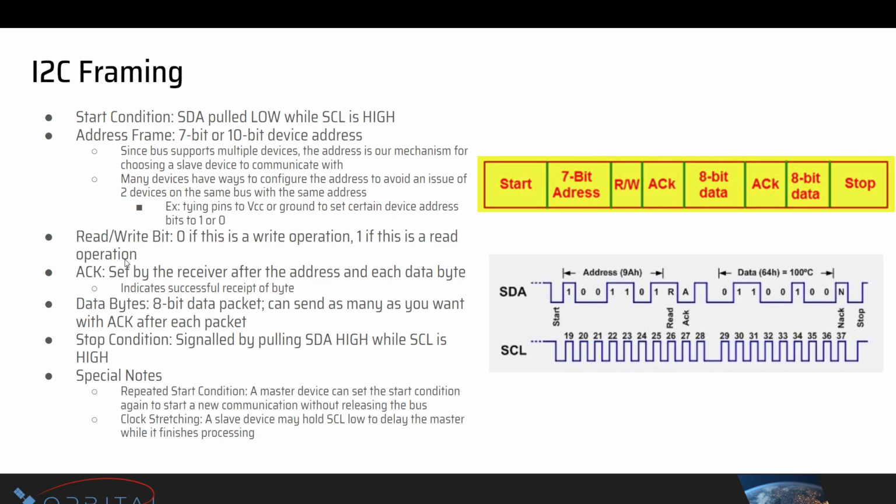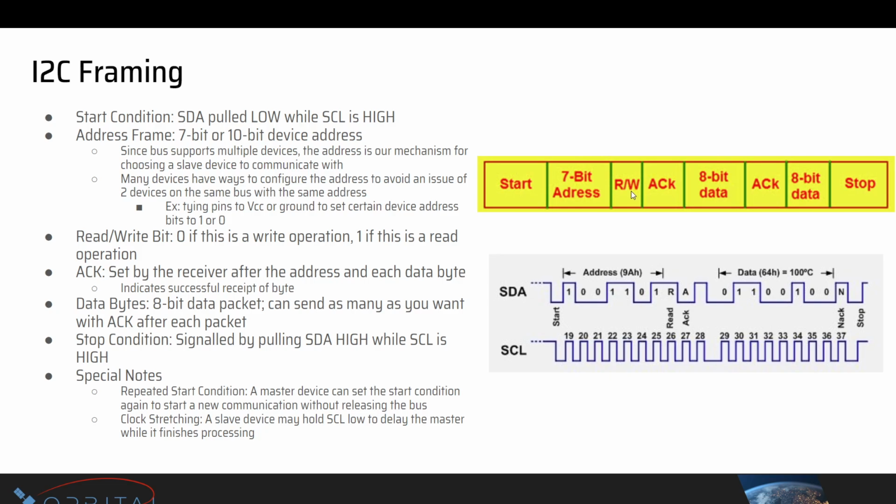And after the address, you have the read/write bit, which is 0 or low if you're doing a write operation, or 1 if you're doing a read. Write is if I'm trying to write to some register or memory in that device, and read is if I'm expecting that device to send some data back to me.